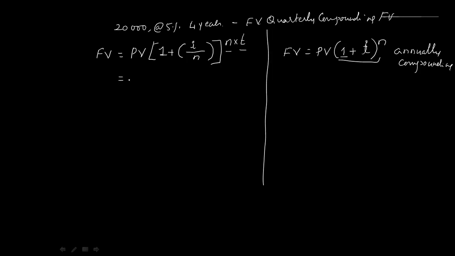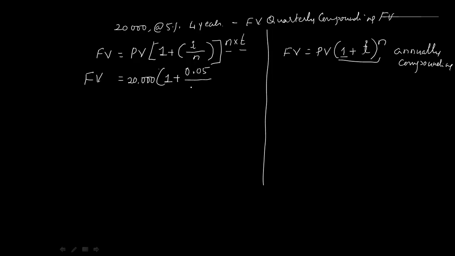So we are doing this quarterly compounding future value. Therefore, future value is equal to 20,000 into bracket 1 plus, what is this? 0.05 is the rate of interest.